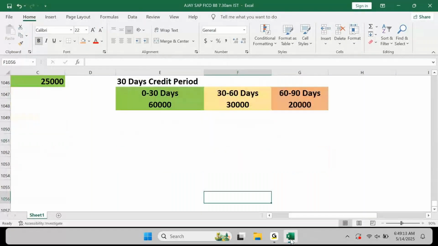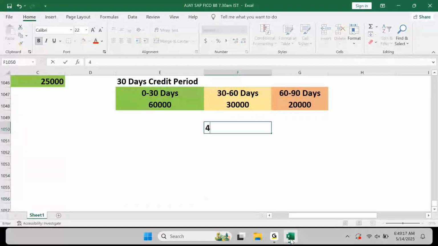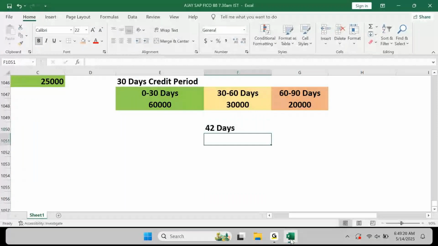If my DSO report is showing 42 days, is this good or not good? Assuming the customer credit period is 30 days, if my DSO report is giving 42 days, not good. This is giving information that on an average you are collecting money from your customer within 42 days, or it is taking 42 days for you to collect money from the customer.